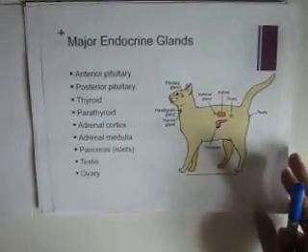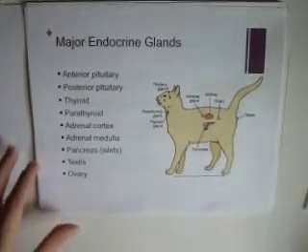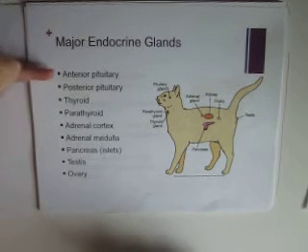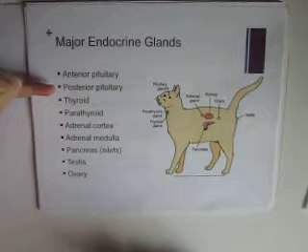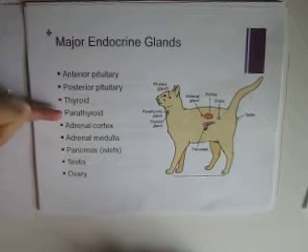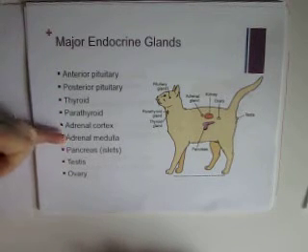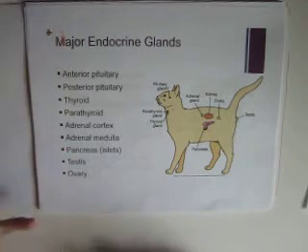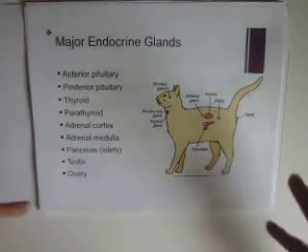The major endocrine glands: we have the anterior pituitary gland, the posterior pituitary gland, thyroid, parathyroid, adrenal cortex, adrenal medulla, the pancreas, the testes, and the ovaries. These are your major endocrine glands, as you're going to learn them in this class.